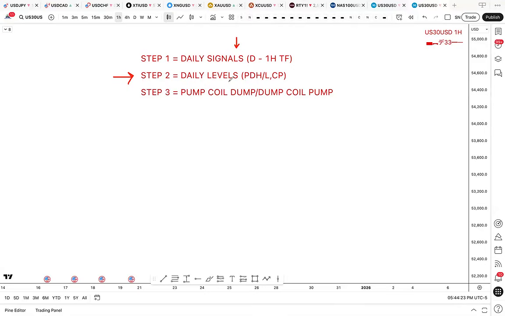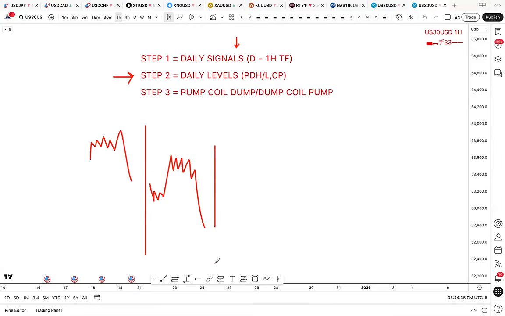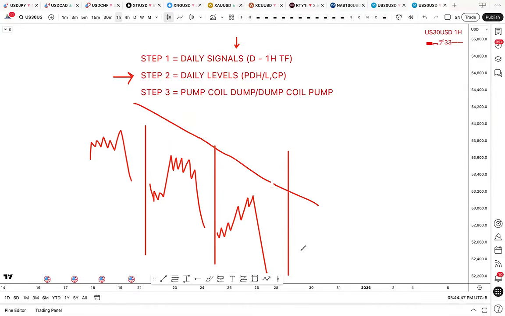If you get a first red day, for example, let's just say Monday is your first red day. Tuesday gives us our first red day trade. Wednesday gives us a blow off. And then traders come into Thursday and they're like, oh, first red day, pump and dump, right? We're in a downtrend, so I'm looking for pump curl dump.